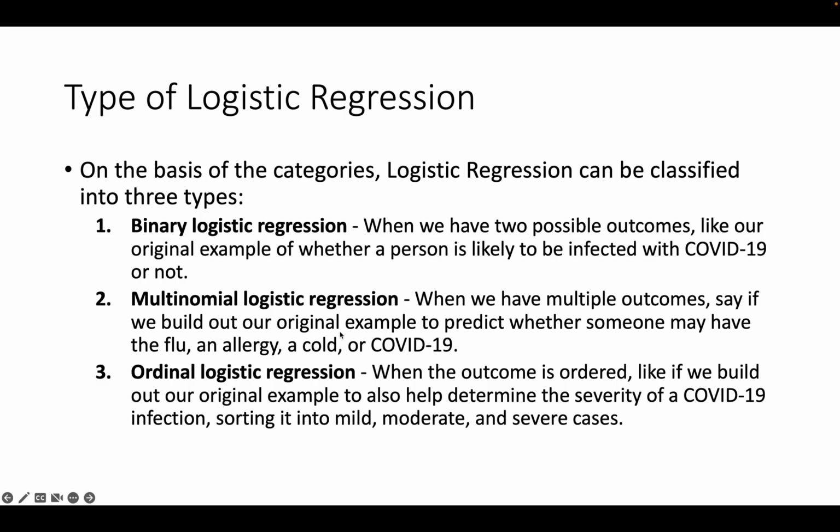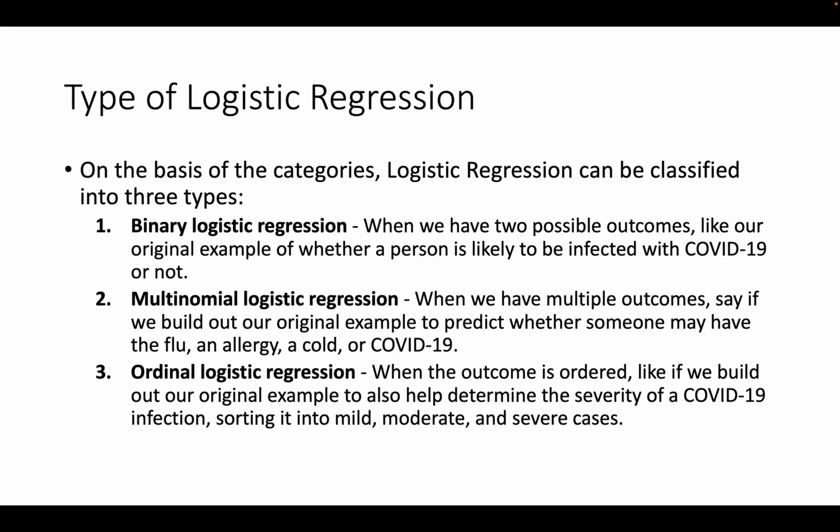Say if we build our original example to predict whether someone may have the flu, an allergy, a cold or COVID-19. So they have not taken the scale. Okay, scale is for ordinal. I gave the ordinal example. But multinomial is basically flu, allergy, cold, COVID. But ordinal logistic regression is when there is an order to it.